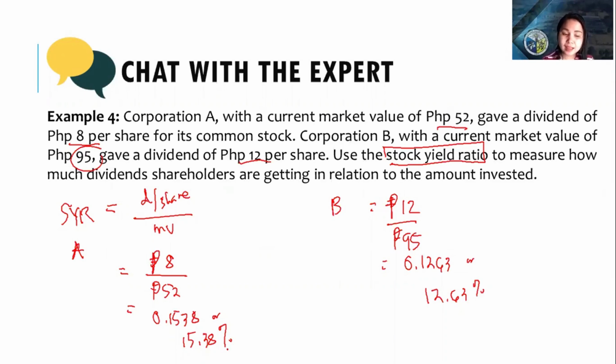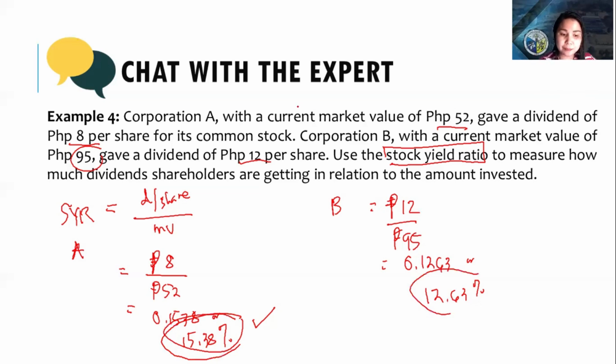It means that Corporation A has a higher stock yield ratio than Corporation B. So if all benefits of both corporations are equal, it is wiser to invest in Corporation A. Why? Because in Corporation A, each peso will earn more. You see, it's at 15% compared to 12% posted by Corporation B. Any questions? No questions? Let's go back.